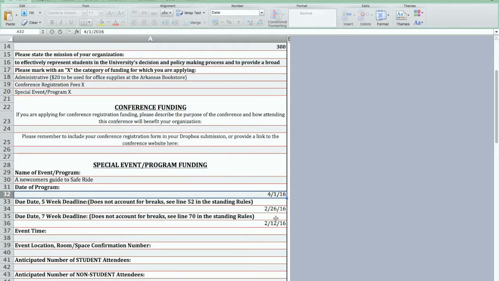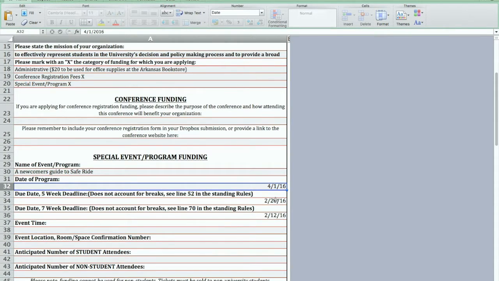In the event that it's a 5-week, or in the event that it's a non-ticketed event, which means that you have less than 10 non-students, then you would have to meet this date. If you had more than 10 non-students, it would need to be ticketed, which means that you would need to abide by this date.